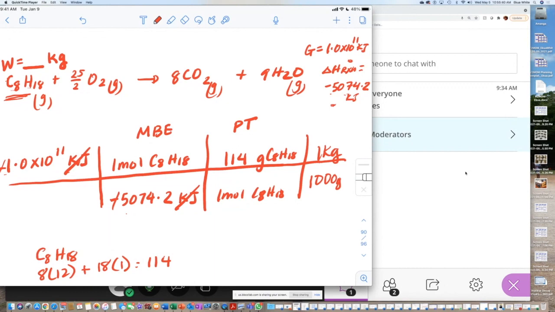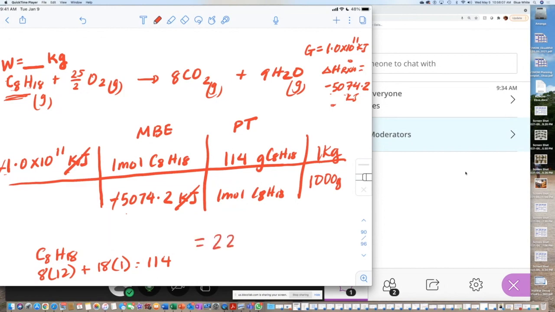So 1 times 10 to the 11, I'm putting my scientific notation in parentheses, times 114 divided by 5074.2 divided by 1,000. It's a huge number.